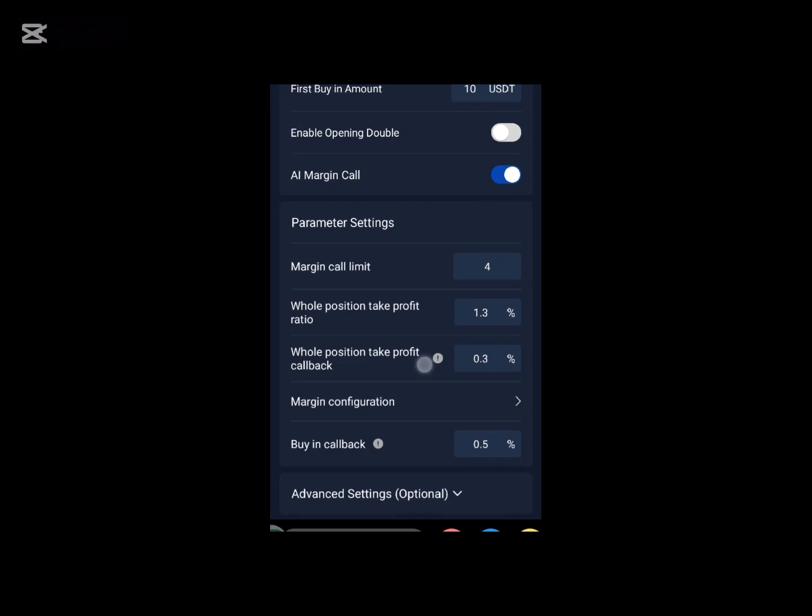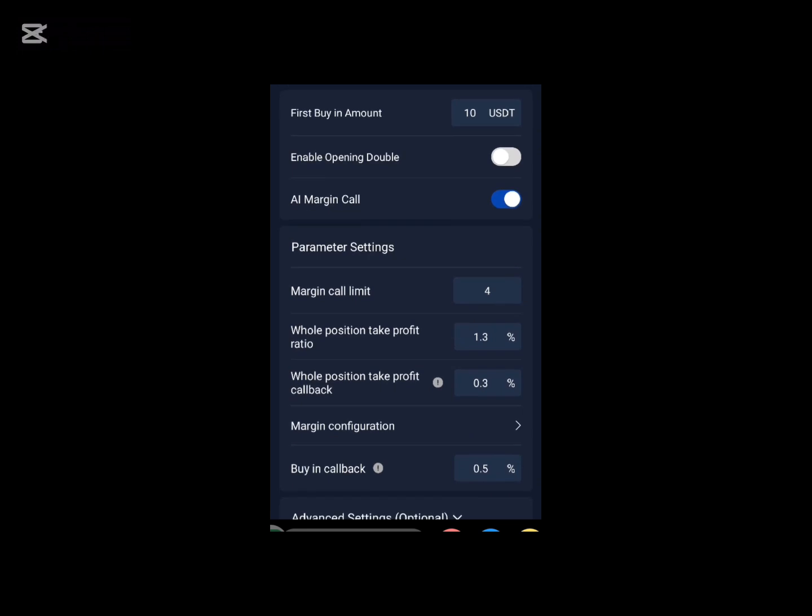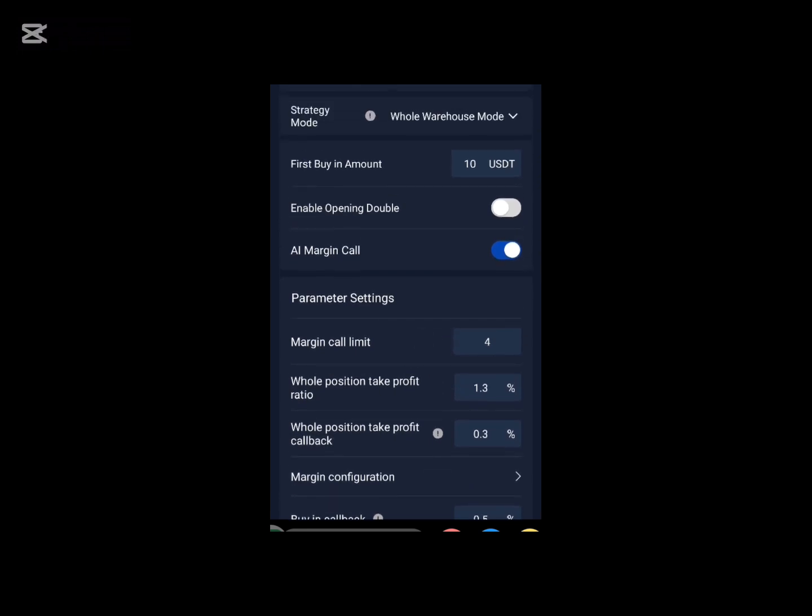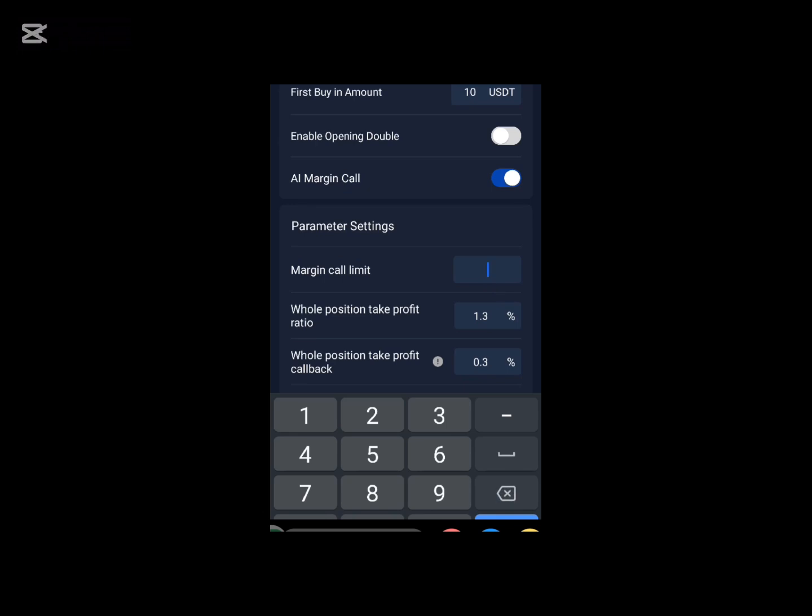And your margin call simply means how many times you want your robot to buy this coin for you. It depends on the capital you have. If someone has like $100 capital, the person can say I want to use a first buy amount of 10 and buy like 10 times, making $100.